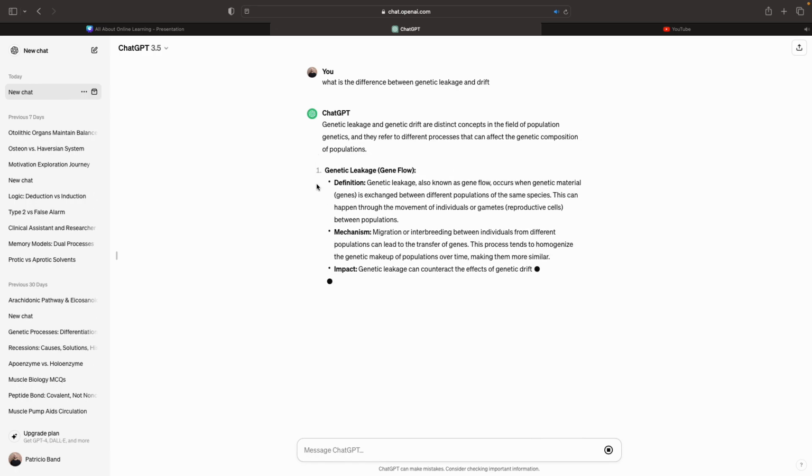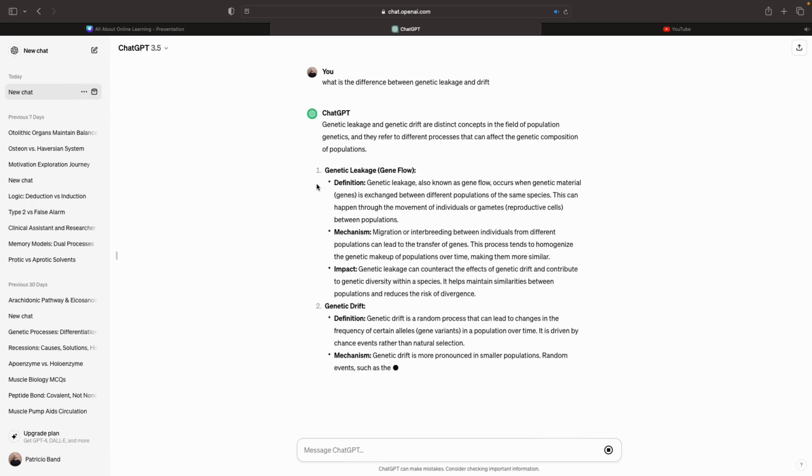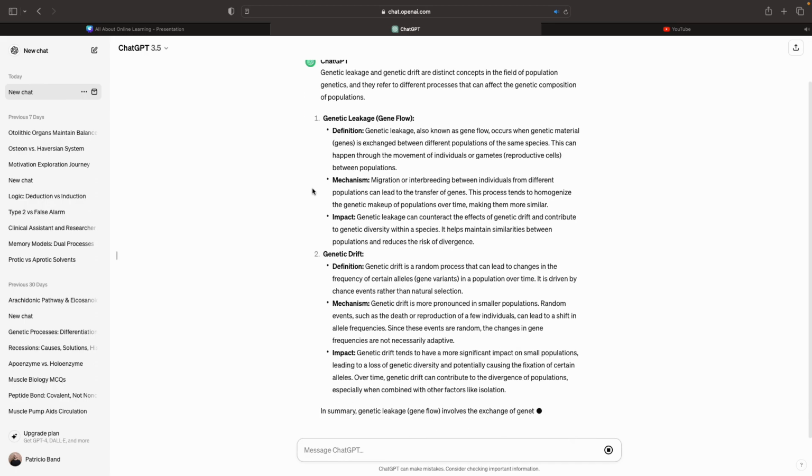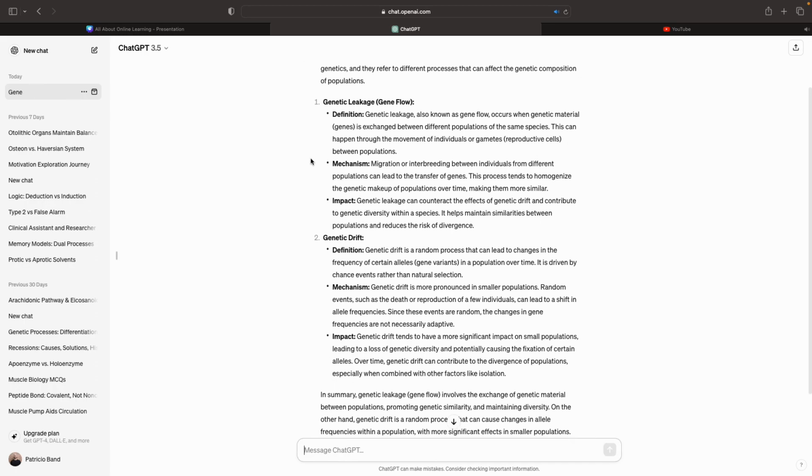Genetic leakage and genetic drift are distinct concepts. Genetic leakage, as we just saw with the zebra horse, is gene flow. It occurs when genetic material, genes, is exchanged between different populations of the same species.